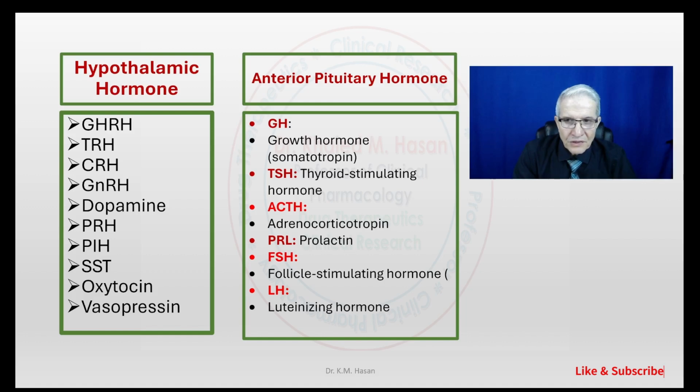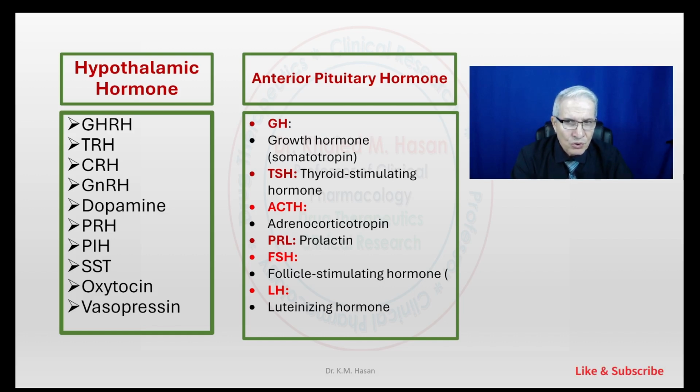So the question we ask ourselves is what type of hormone will be released from the hypothalamus and what type will be released from the anterior pituitary gland. From the hypothalamus, hormones include GRH, TRH, CRH, GnRH, dopamine, PRH, PIH, SST, oxytocin and vasopressin. We already discussed these abbreviations.